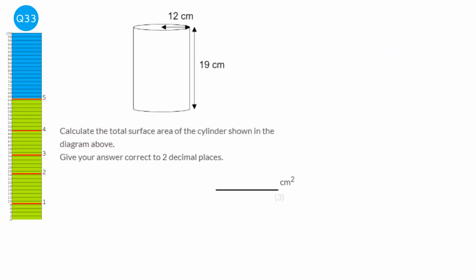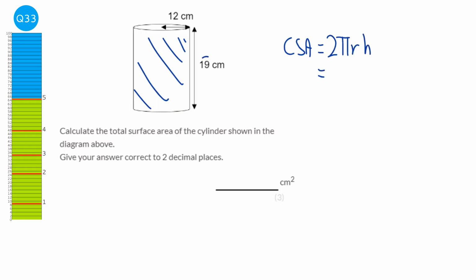So we're going to first of all work out the curved surface area, which is just this bit here, not including the top and bottom. And the formula for that is 2 pi r h. And the h is this bit here, so it's 2 times pi times the radius at the top, which is 12, times the height, which is 19.